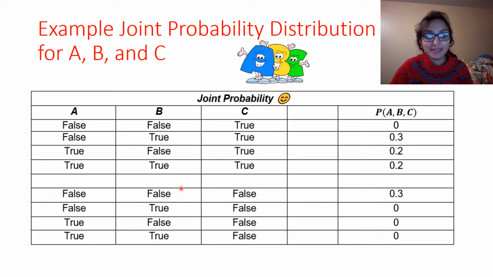The probability that all three are false is 30%, 0.3. The probability that A is false, B is true, and C is false is 0. The probability that A is true, B is false, and C is false is 0. And the probability that A is true, B is true, and C is false is 0. So this is the example joint probability distribution for A, B, and C, three Boolean random variables.